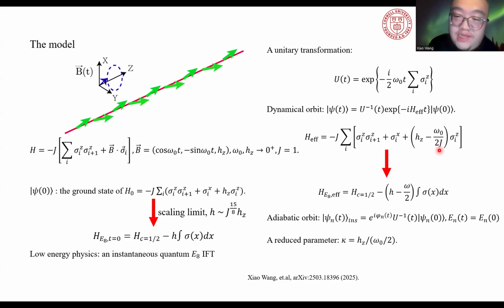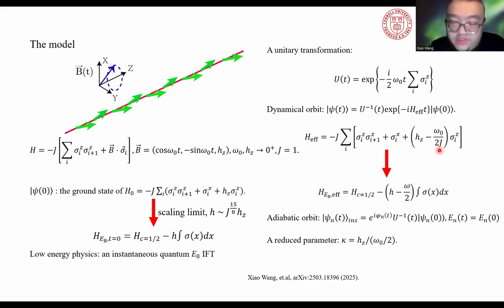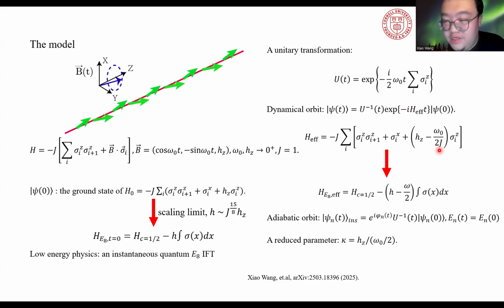This means that if Hz is much larger than omega 0 over 2, the time evolved wave function will stay around the ground state, or say the initial state, of the initial Hamiltonian. And if Hz is comparable with omega 0 over 2, there will be some tunneling process from the ground state, or say the initial state, towards the highly excited states of the instantaneous Hamiltonian.